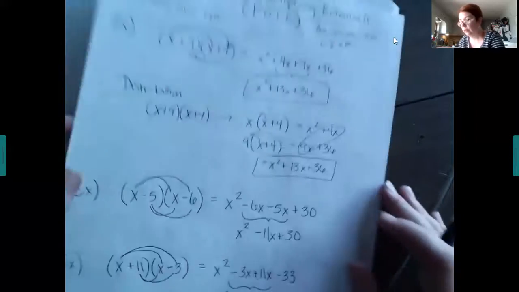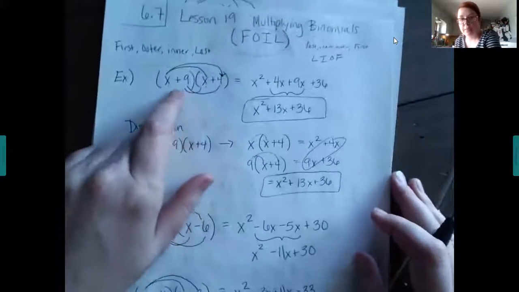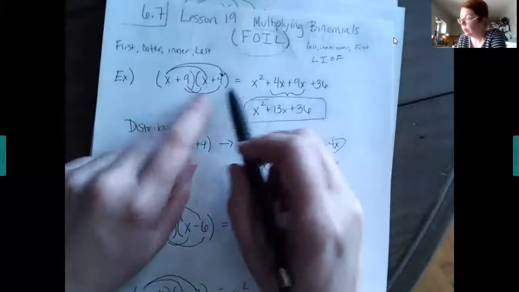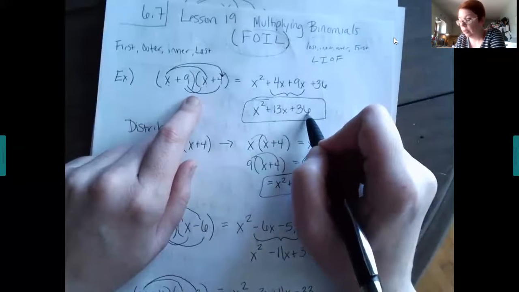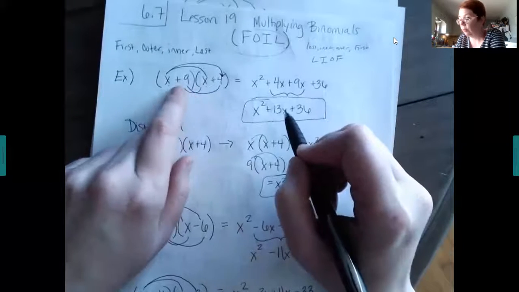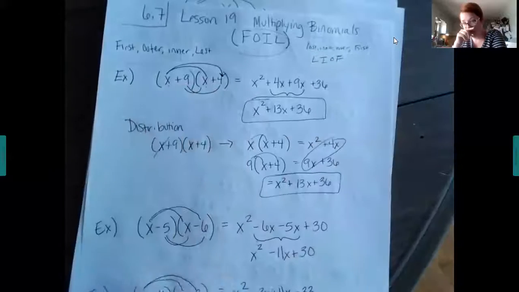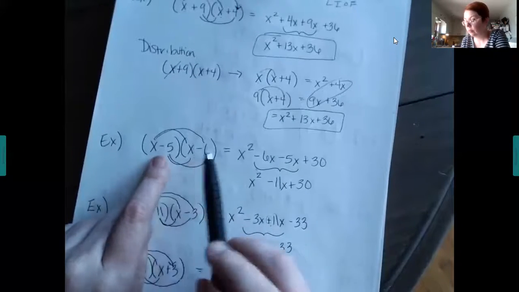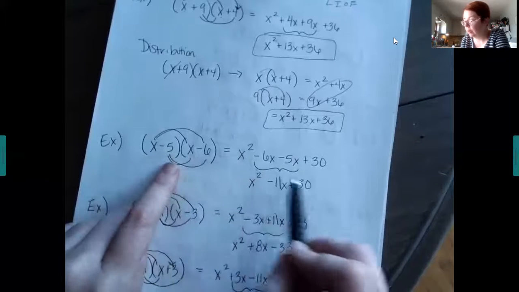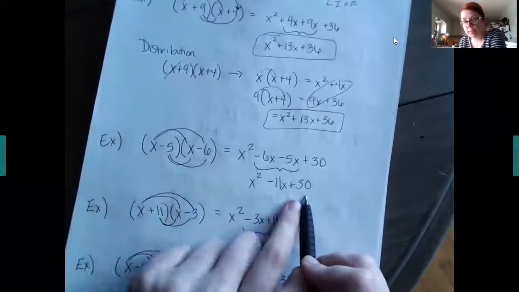So to recap, when you have the same sign, when you multiply it out, your back number will be positive, and your middle term will be whatever that sign is, okay? Just like here, same sign, and negative times a negative is positive.